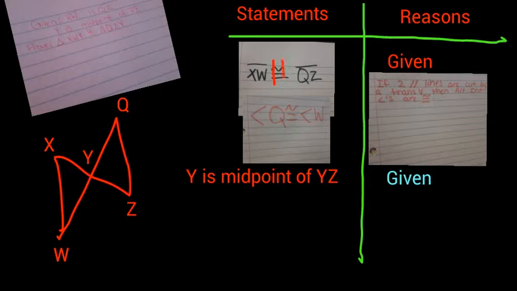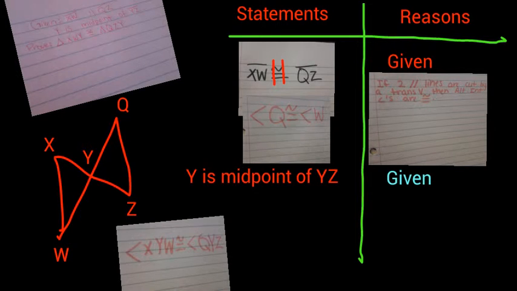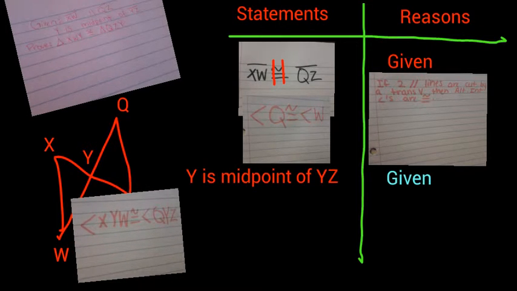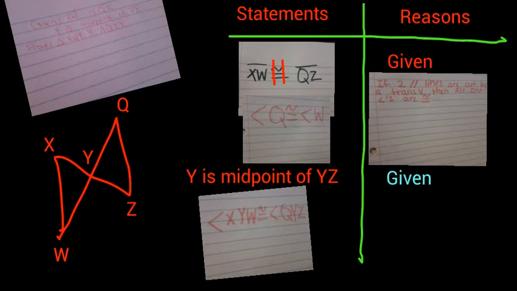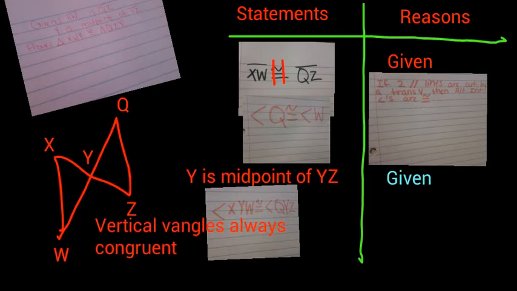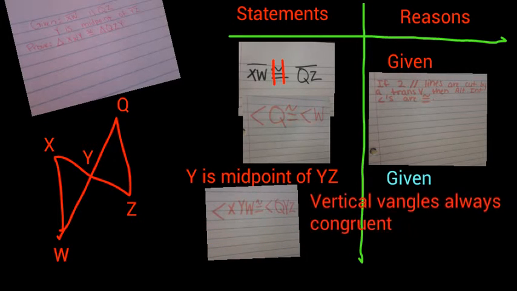Okay, anyways, what I was saying, angle XYW is congruent to angle QYZ. We know this because vertical angles are always congruent. So for the reason, we would say that vertical angles are always congruent.